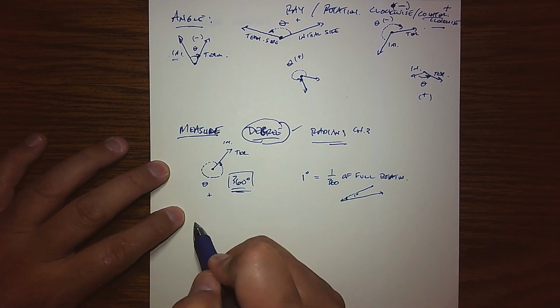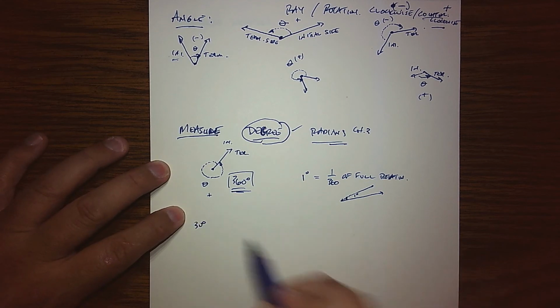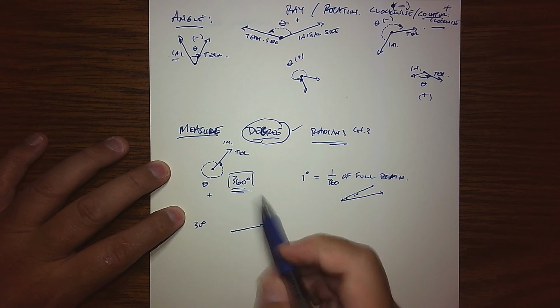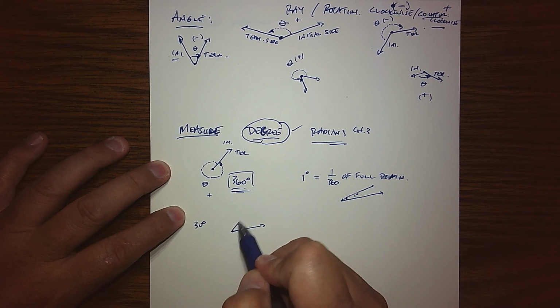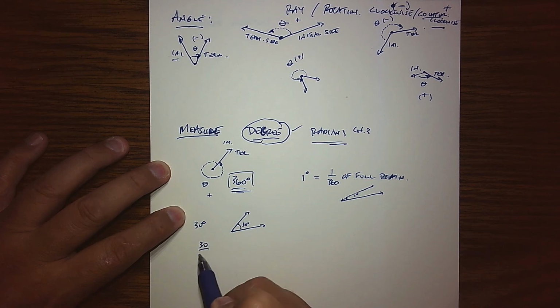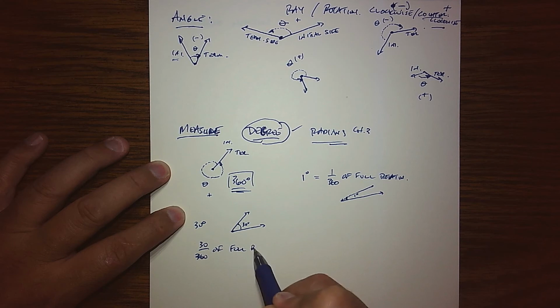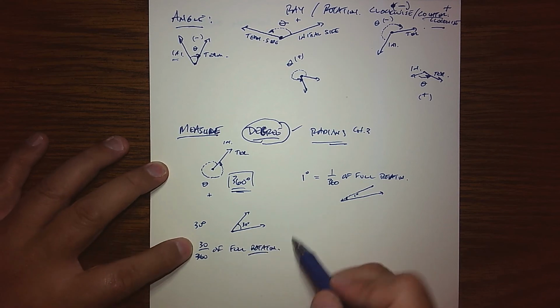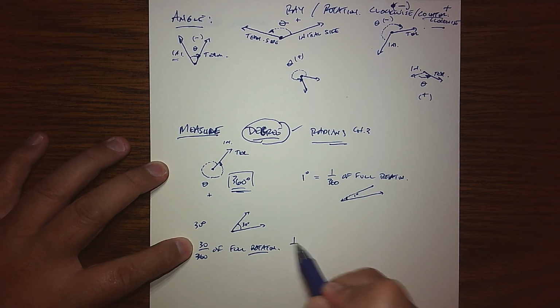If we're talking about, let's say, 30 degrees, that means that I'm taking my initial ray and I'm rotating it roughly about a 30-degree rotation, which would be 30 over 360ths of a full rotation. Okay, and of course we can reduce that, and I believe what we get is 1/12?